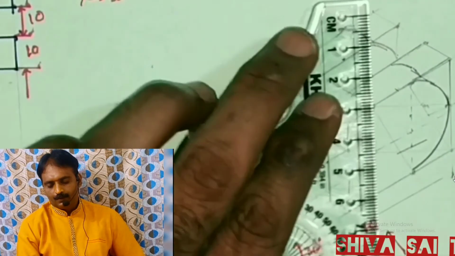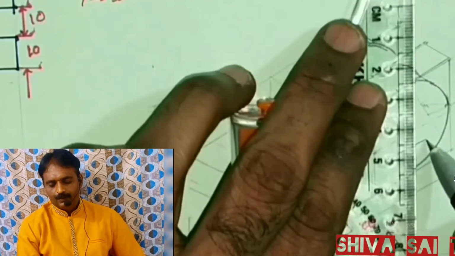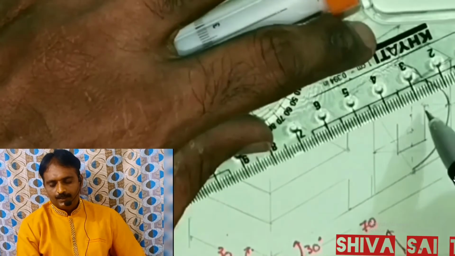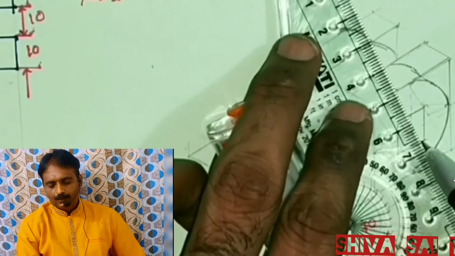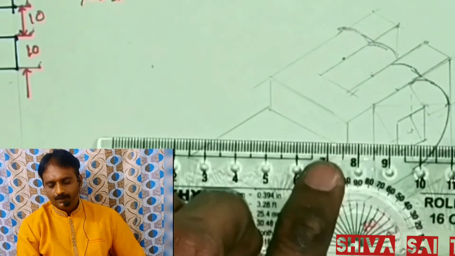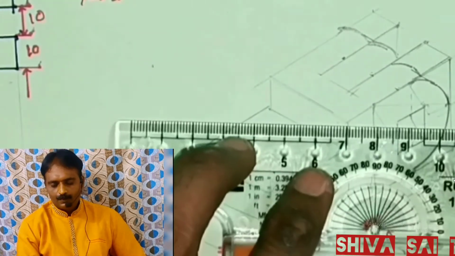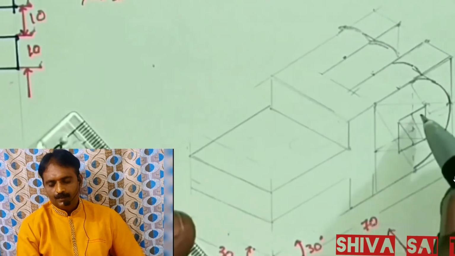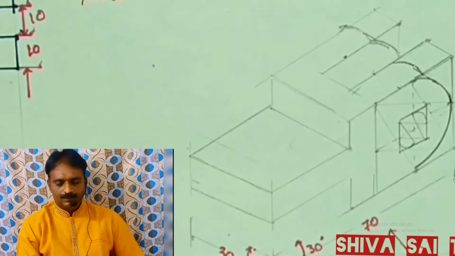After that, let us draw the circular hole of diameter 10 units. For that, we have to construct the rhombus as represented here. And once the rhombus is over, join the midpoints from the corners of the shortest diagonal. So these things also were explained in a clear way in the previous sessions.